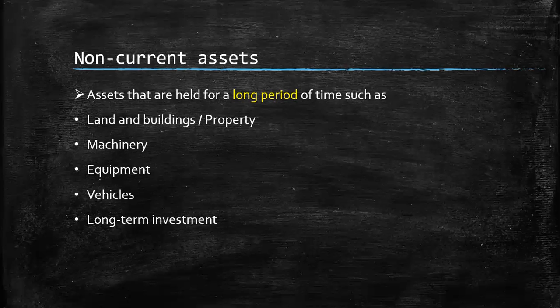These are the examples of non-current assets. By non-current, we are referring to a long-term, something that you own for a long period of time. Any questions so far? No questions. All right.